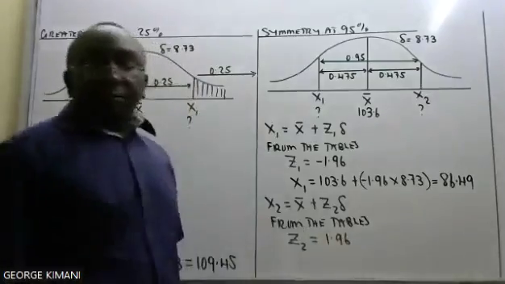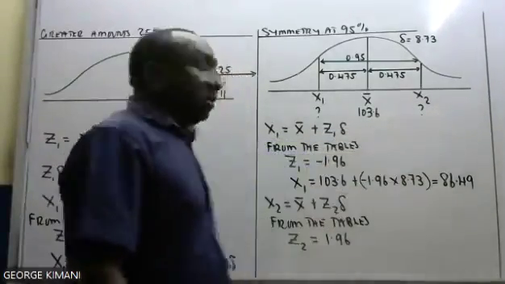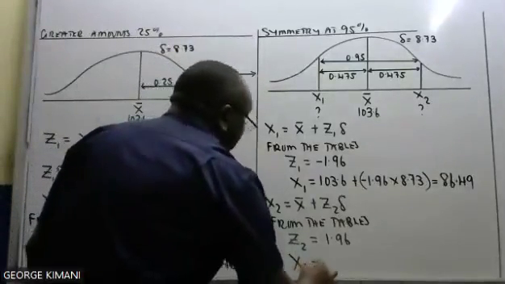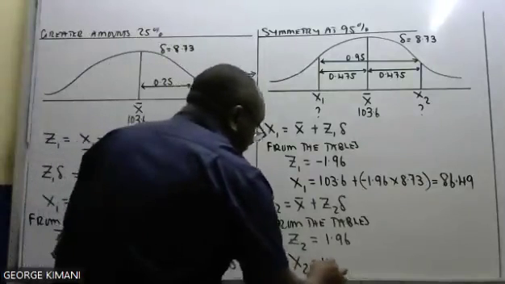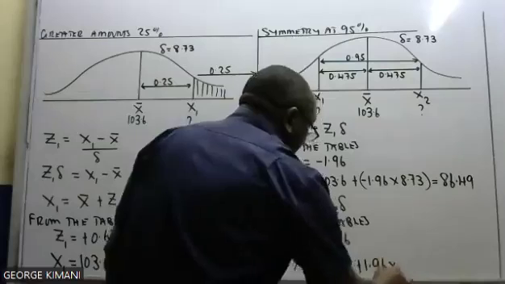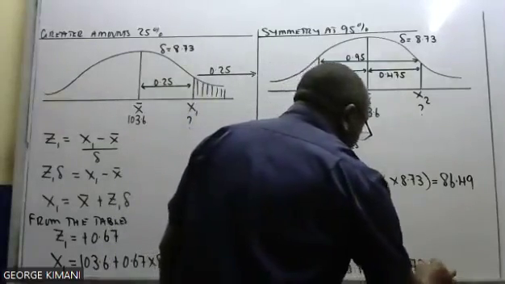It is the same, but now that we are on the upper side, it is positive. So straight on, our X2 will be 103.6 plus 1.96 times 8.73.